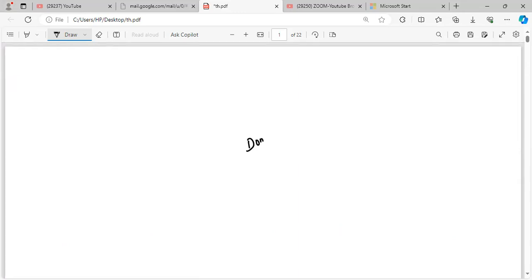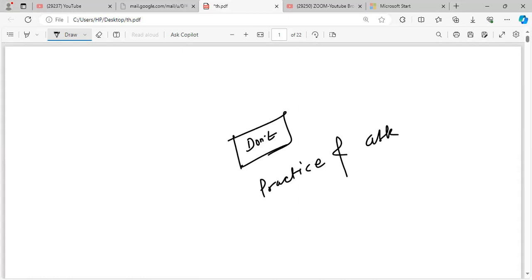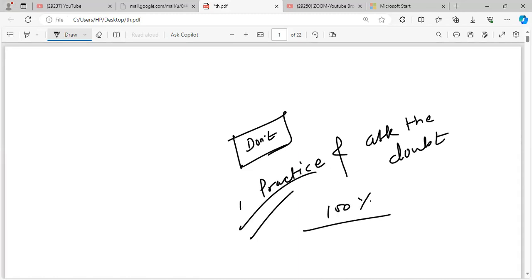Now it is your responsibility to practice thermodynamics, practice and ask the problem, practice and ask the doubt. Any problem, practice and ask the doubts. It should be 100% clear, one chapter. Okay, sir. Now the next one, equilibrium, we will also cover 100%. Don't worry. Okay, sir.